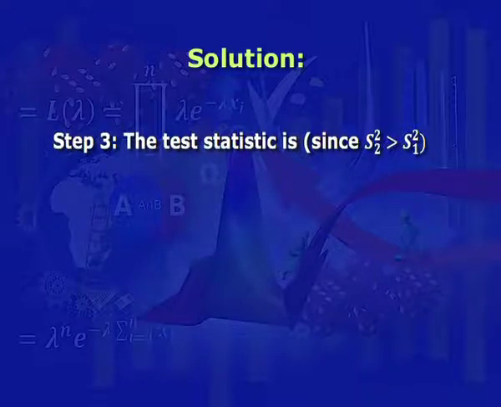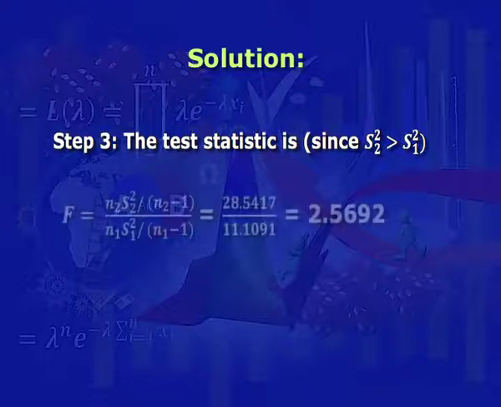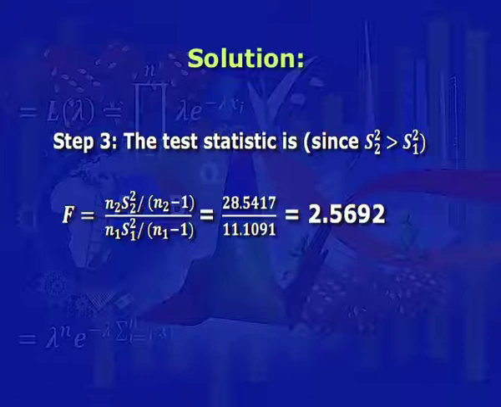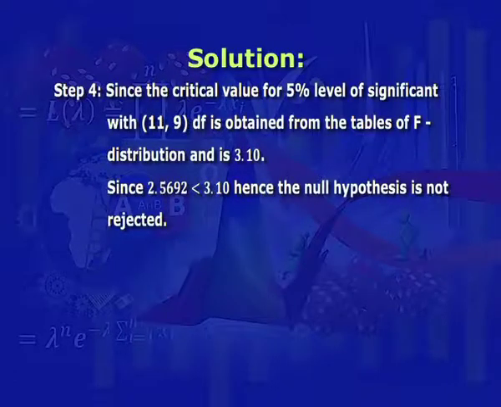The test statistic is, since s2 square is greater than s1 square, it is defined as F equal to n2 into s2 square divided by n2 minus 1 whole divided by n1 into s1 square divided by n1 minus 1. Substituting the values of n1, n2, s1 square and s2 square, the F statistic becomes 2.5692.